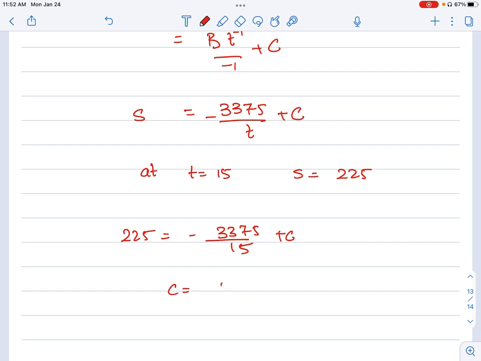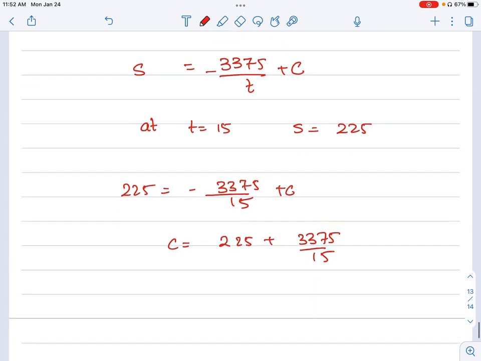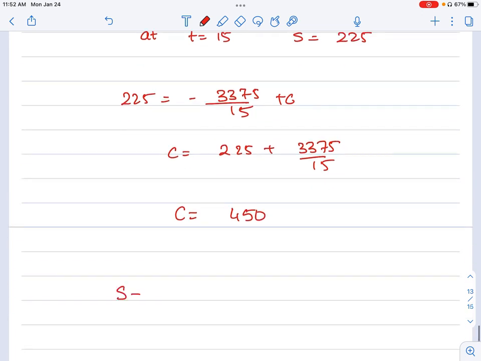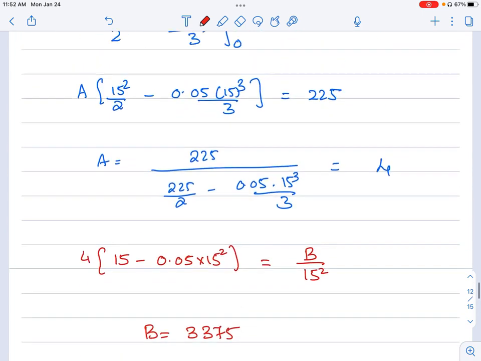This gives the value of c, which is 225 plus 3375 upon 15. 3375 divided by 15 gives me 225, and 225 plus 225 is 450. So the value of c is 450. My equation will be 450 minus 3375 upon t. This is the equation of the distance.